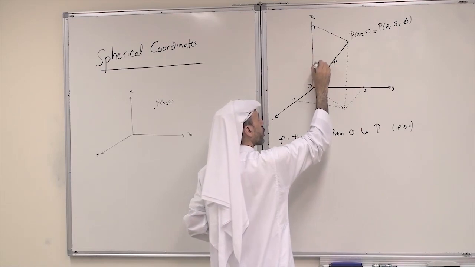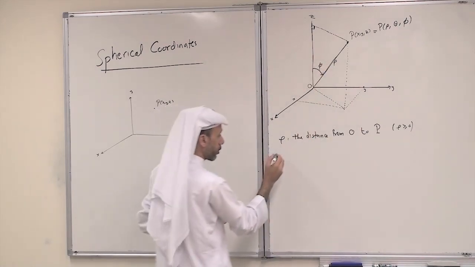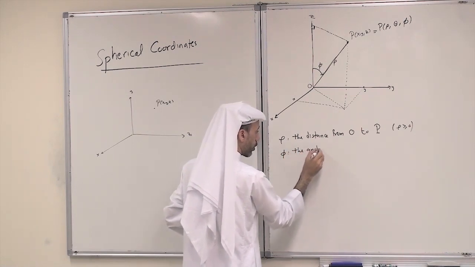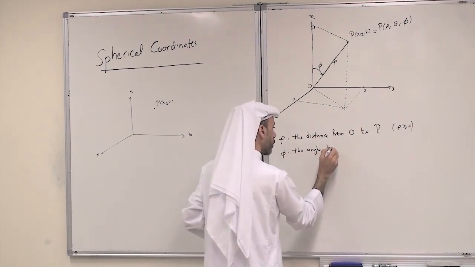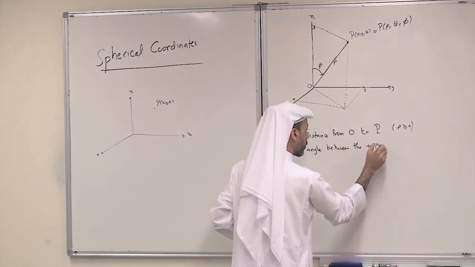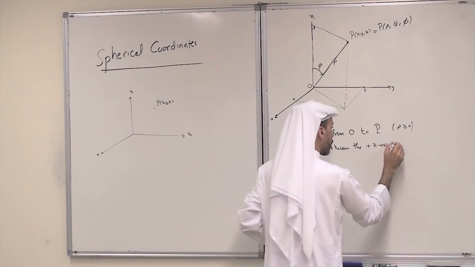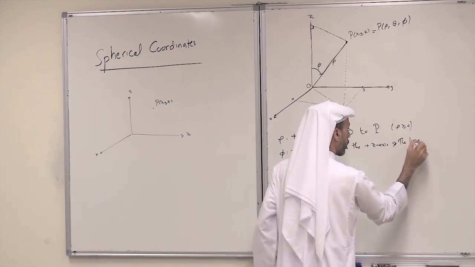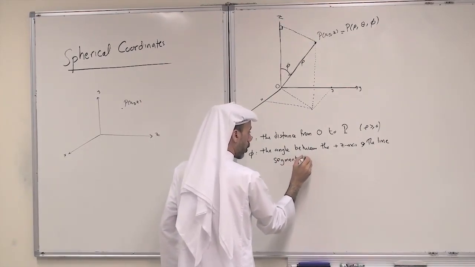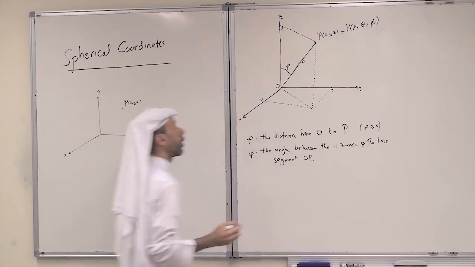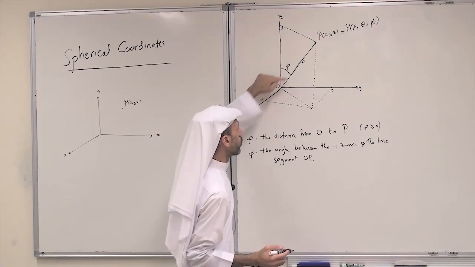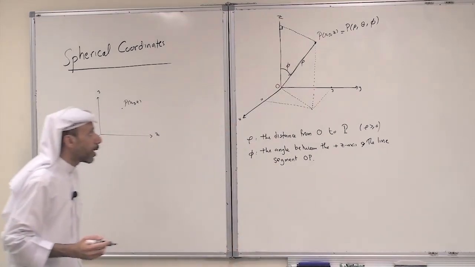So this is phi, the angle between the positive z-axis and the line segment OP.